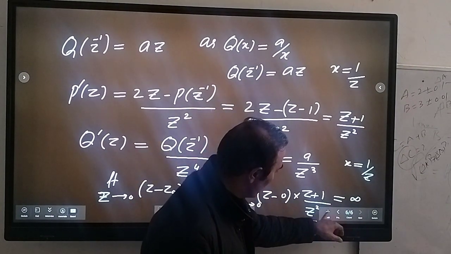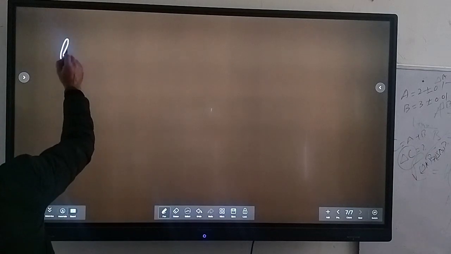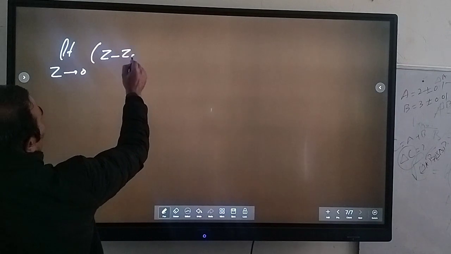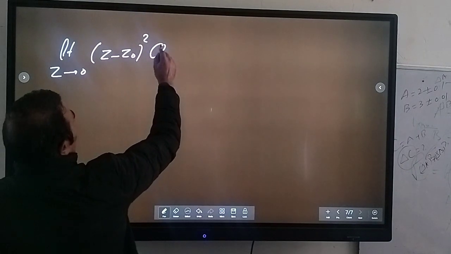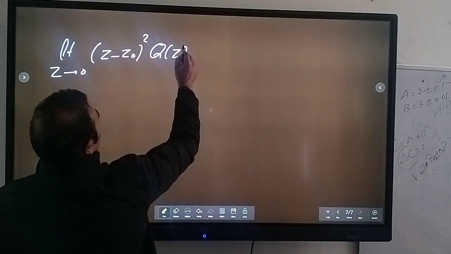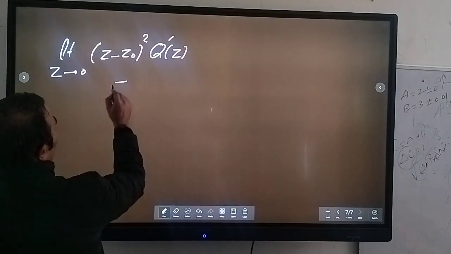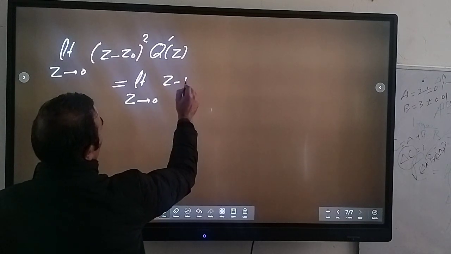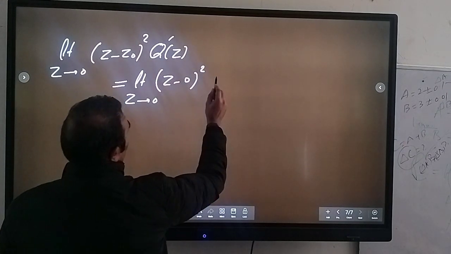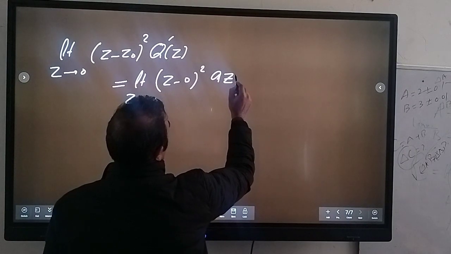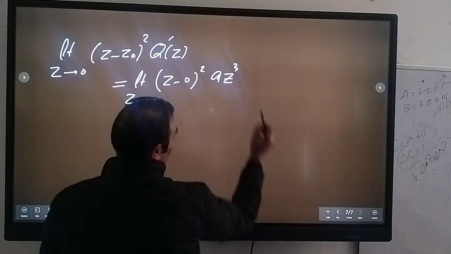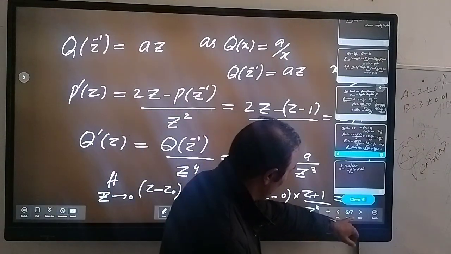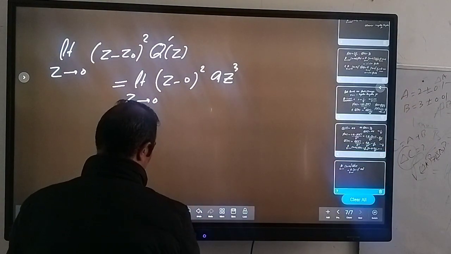And similarly, you check the second limit, that is limit Z tends to 0. Okay, so that will be equal to A Z cube. So you just check what's our that Q dash of Z. So that's A by Z cube.